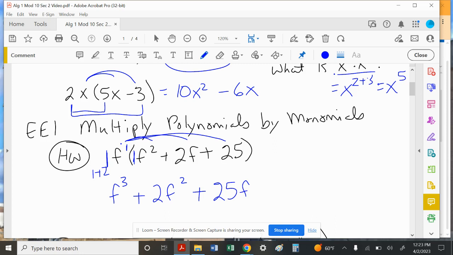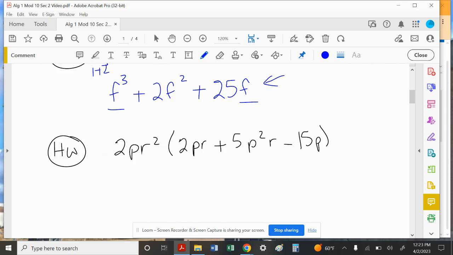Now, in all of these problems, they're going to ask you to put it in standard form, which means you always want the highest power first and the lowest power last. Okay, so one more. We're going to multiply these through. So we have 2 times 2, which is 4, p times p, which is p squared, and r squared times r, which is r to the third.